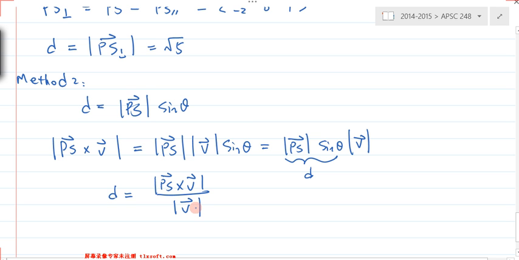If you look at the right side here, can we calculate the numerator and denominator? The denominator is pretty easy. That's basically the norm of this vector V. And this one here is a cross product. Do you know how to do a cross product of given two vectors? Yes, of course. And do you know how to get the results? Yes, you do. So this is doable now.